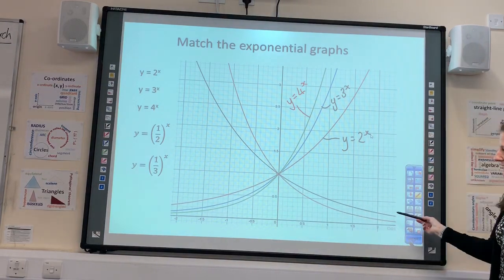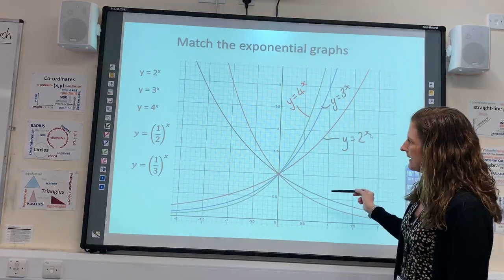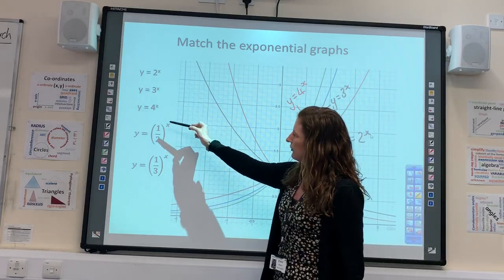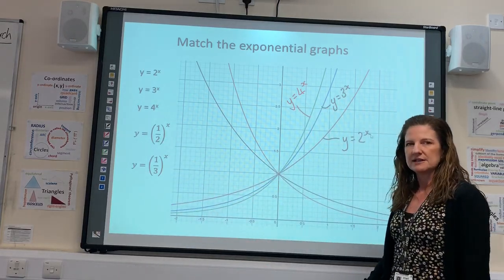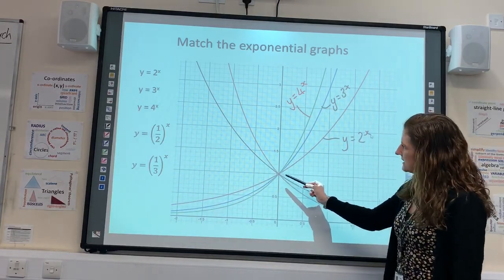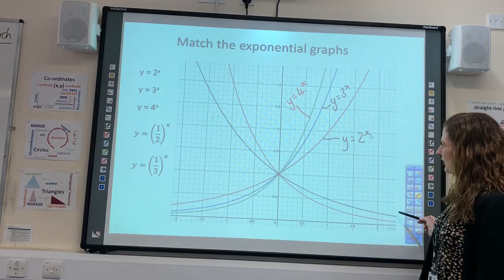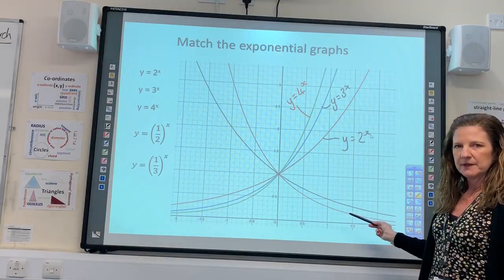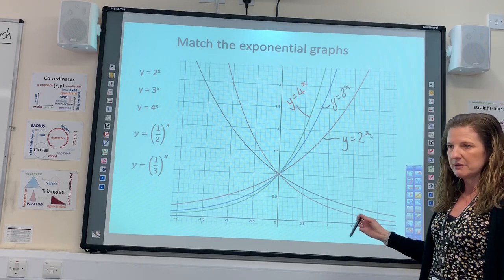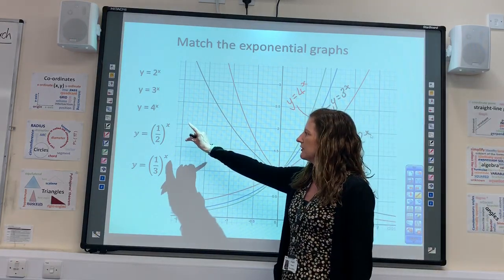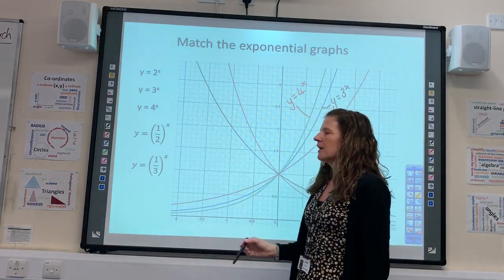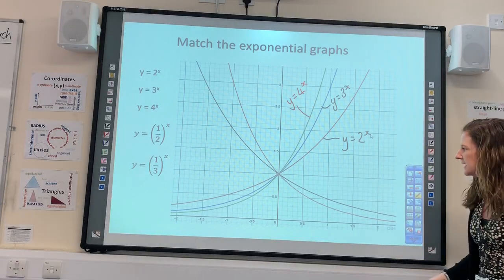Now that ties in quite nicely with these 2 that we've got here. These are the ones that are fractions as your base, and as the power gets bigger and more positive, they're going to get smaller. But when you have a negative power, remember, that's going to be the reciprocal, so that's equivalent to your 2 to the x or your 3 to the x.